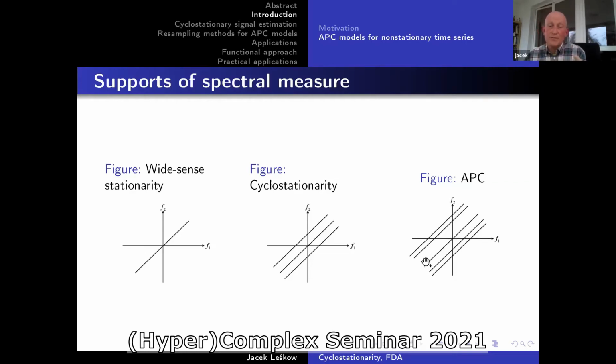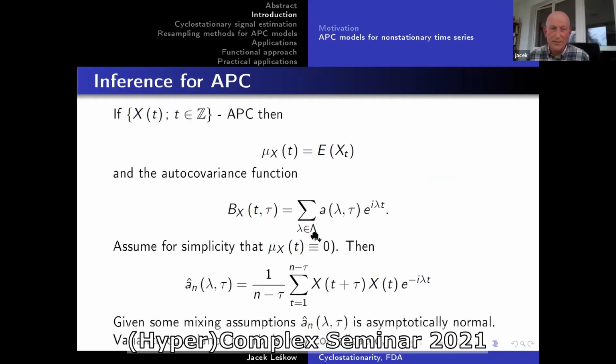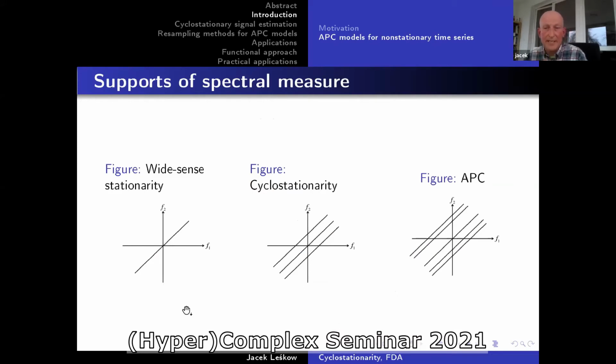Why am I showing you this picture? Because using the estimator just shown, you are able to identify lambdas that give rise to a non-zero coefficient. Once those lambdas are characterized, lambdas are the coefficients of shift for those lines. So here is the line corresponding to lambda equal to 0. There's no shift.